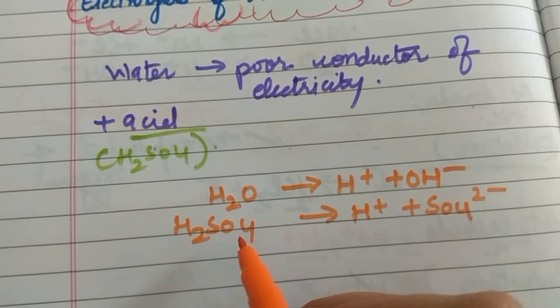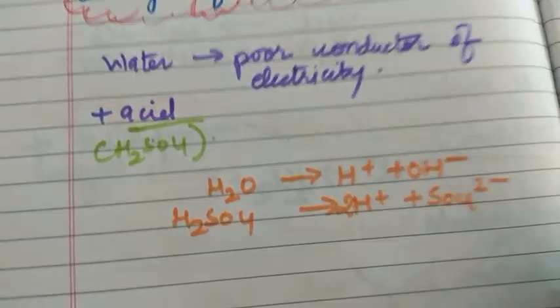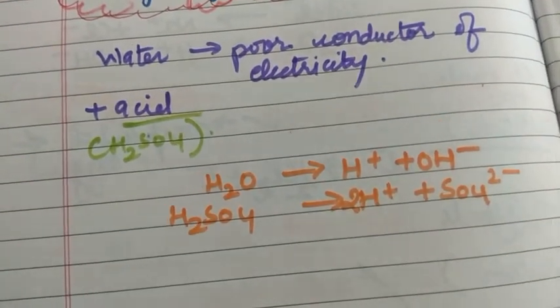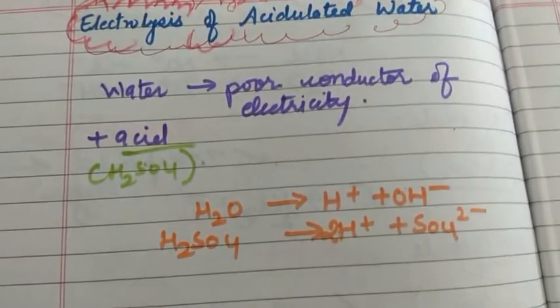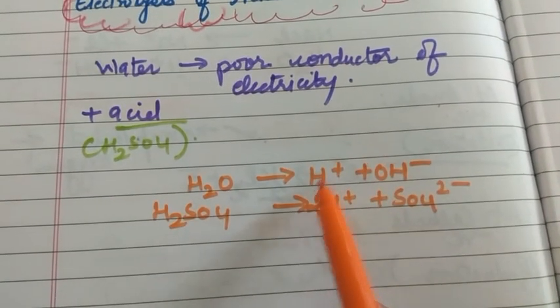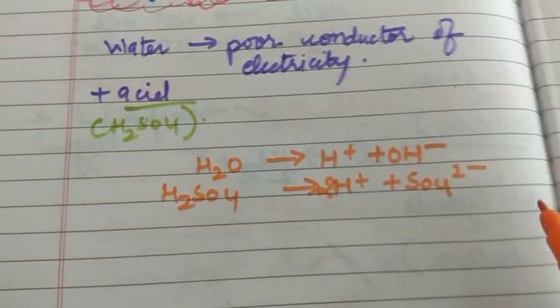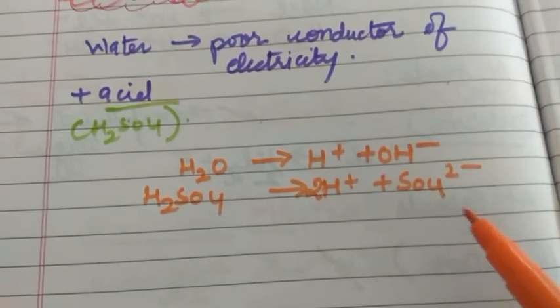Balancing, we get 2H+ plus SO4 2-. Now when we pass electric current, H+ ions will migrate toward the cathode, and OH- and sulfate ions will migrate towards the anode.